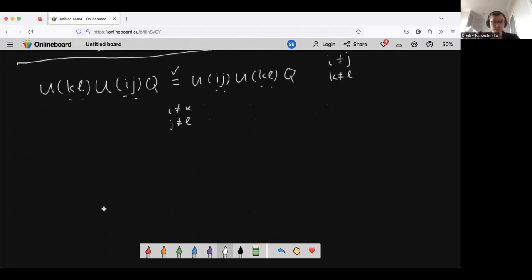So I will now introduce some diagrammatic notation, which is very useful when we study the structure of unlinking. Essentially, this commutativity we can draw like a square diagram.